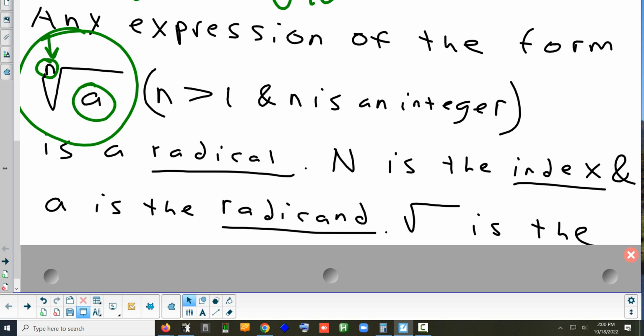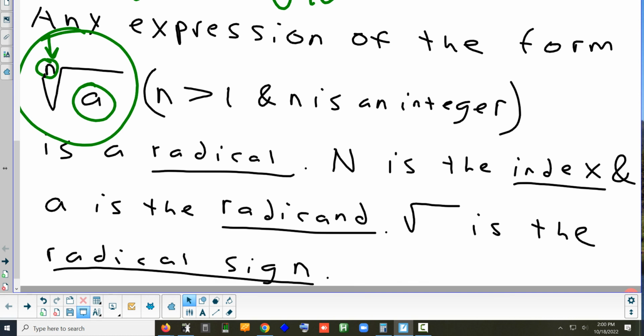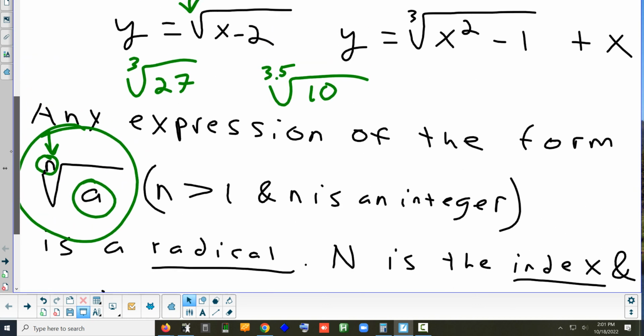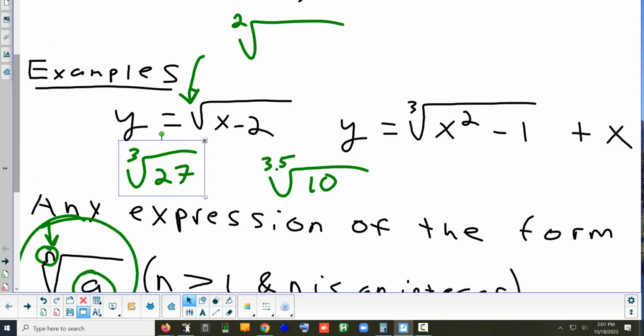This, the part that is underneath the radical sign, is called the radicand. Radicand. So the thing that is underneath the radical sign is called the radicand. In this problem, the radicand is 27. In this problem, the radicand is x minus 2.